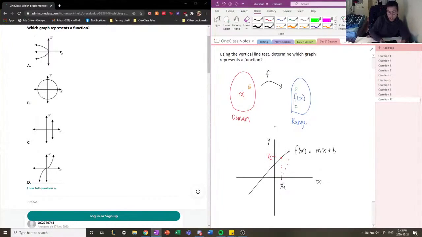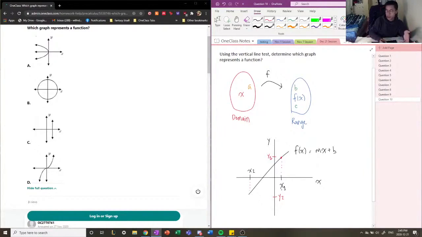If we had x2 over here, it maps to another value and only one value, and that is called y2. So x2 maps to y2, x1 maps to y1. x1 never maps to y2.